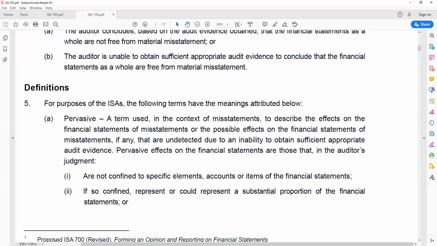But if they are so confined, they represent or could represent a substantial portion of the financial statements, and then they are material. Don't forget that. You know what we mean by materiality. But it can also be pervasive if it is a huge chunk of the company.